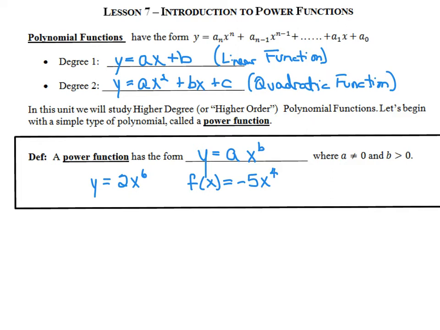Or I could look at something like, how about g of x being equal to 4x to the 10th power. So we see that we have a lot of different powers that we can use in our power function as long as our power is a number that is bigger than 0.